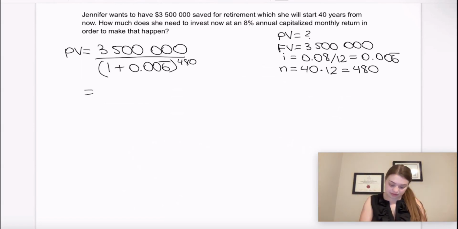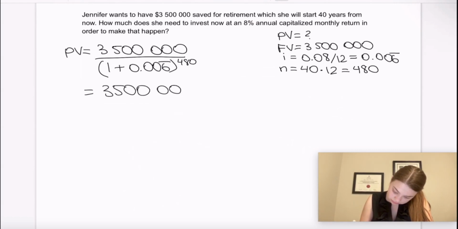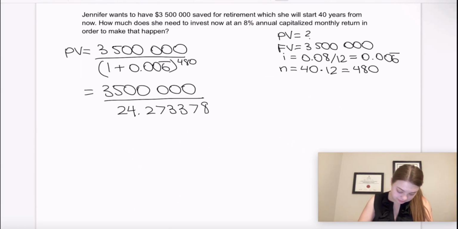So let's figure out what that's going to be. 1.00666 to the power of 480. Okay, so that is going to be 24.273378 approximately.